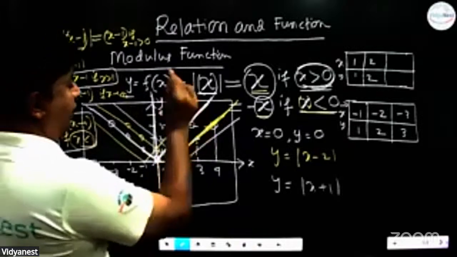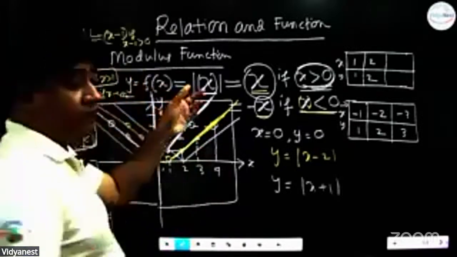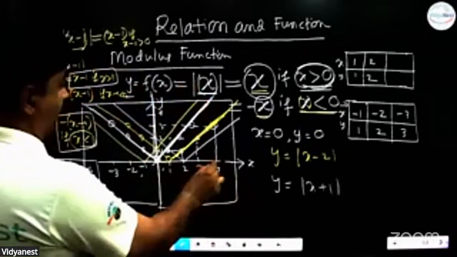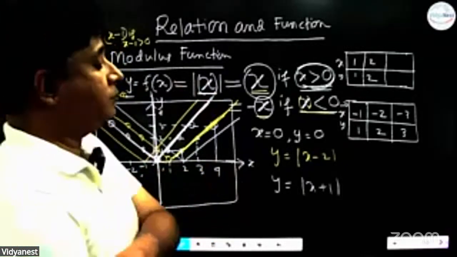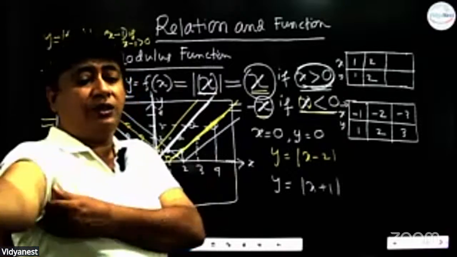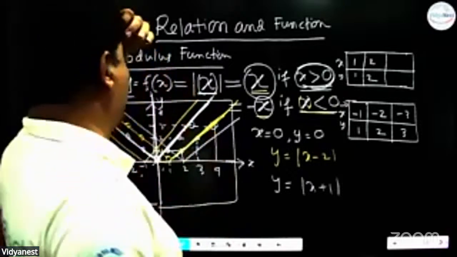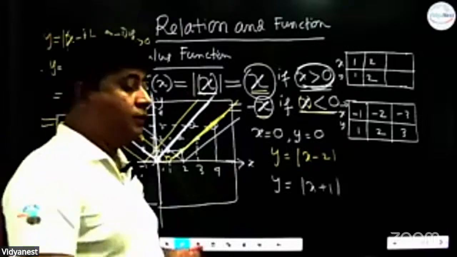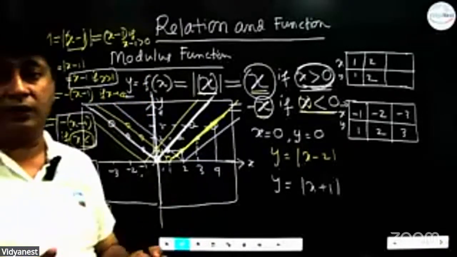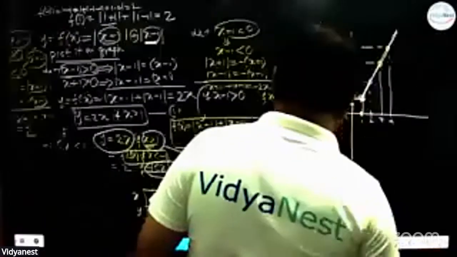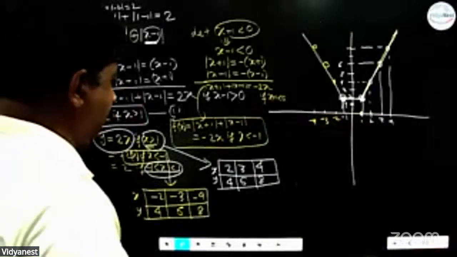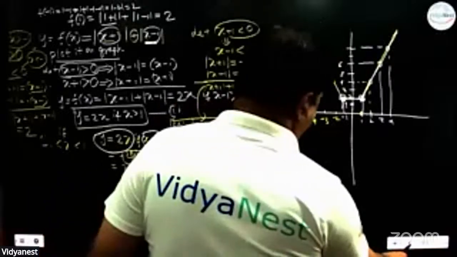In case of mod x. So in case of mod y, I will get the image with respect to x-axis. Yes or no? Yes, sir. So using mod, we can draw few graphs. We must have the knowledge of graph in senior class. So you have got the idea.